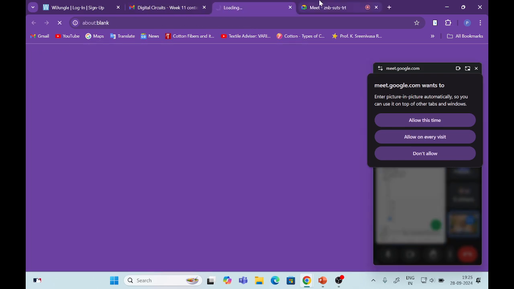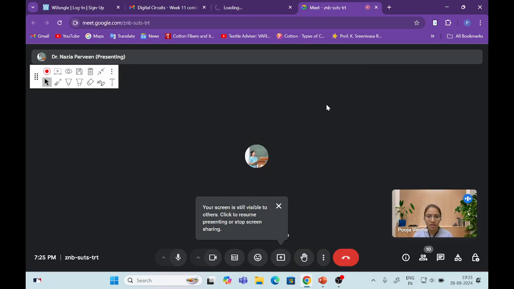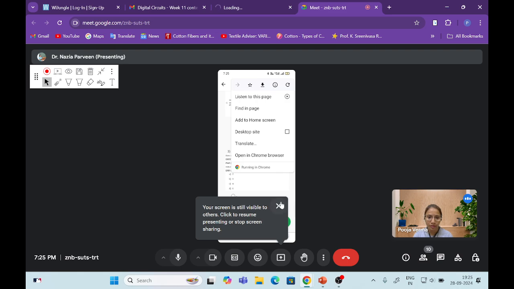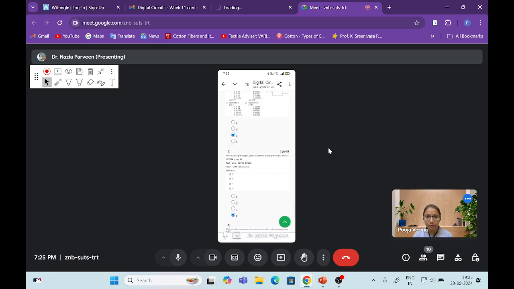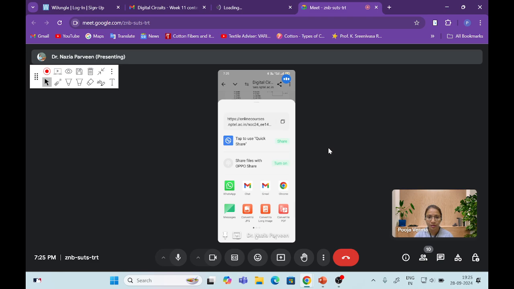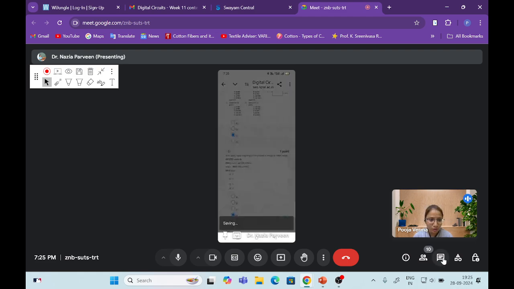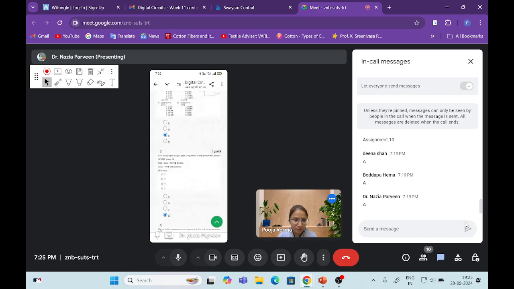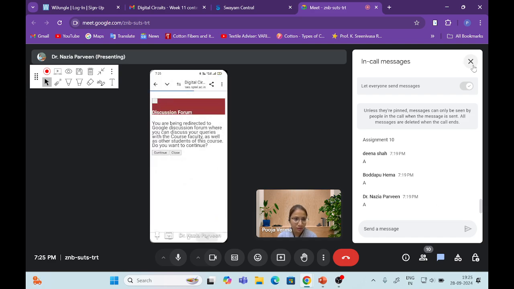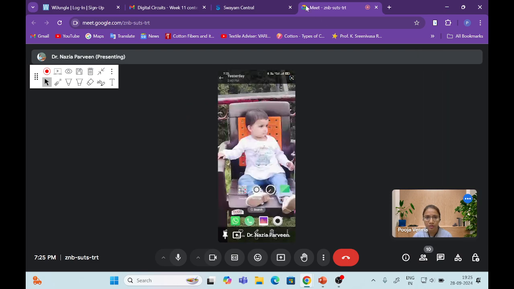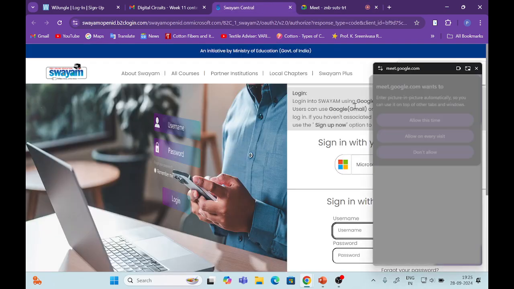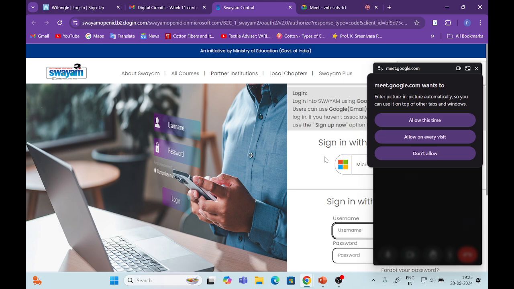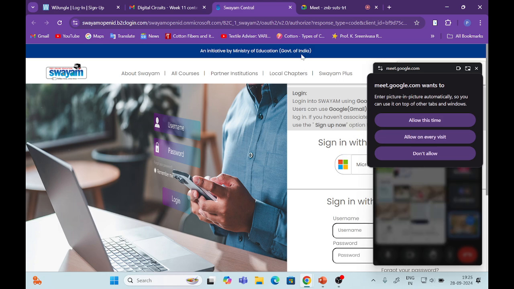If it is possible to share in the chat box, it's better. I'm not able to find the option. You can take a screenshot. I've taken it. I'm also not able to access that.